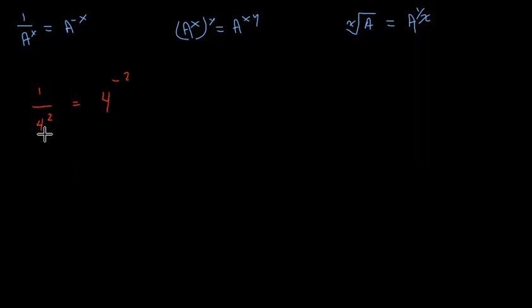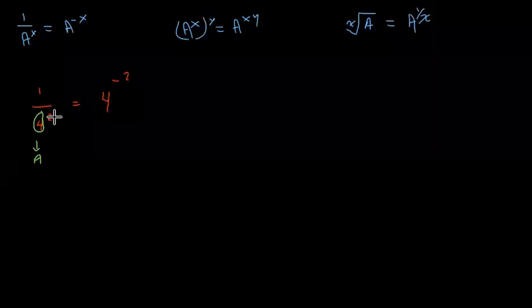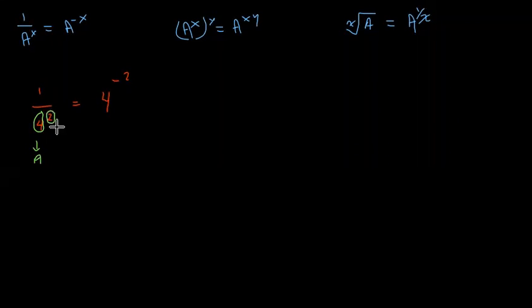Because in this case, a is 4, right here. Your a is your base. And right here, your 2 is your power, which is your x. And so what we're saying is 1 over a to the x is equal to a to the minus x.